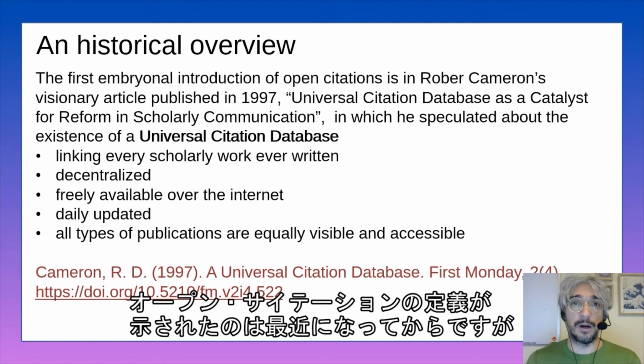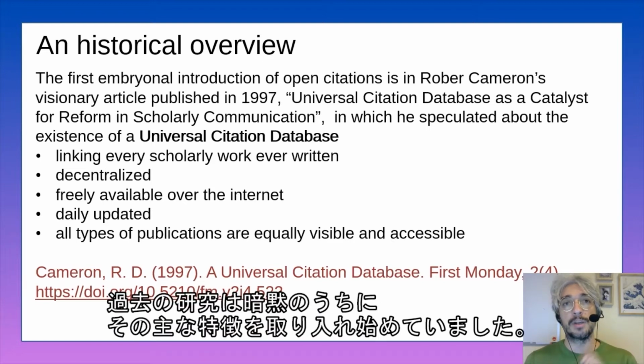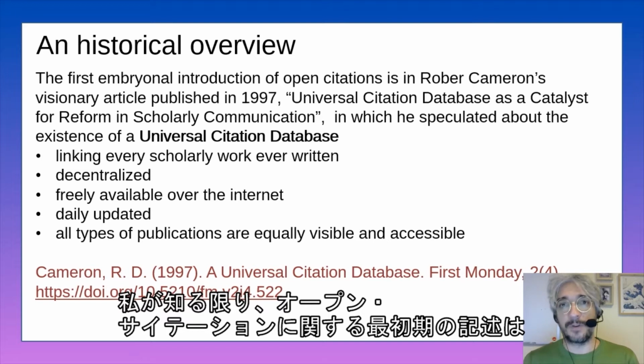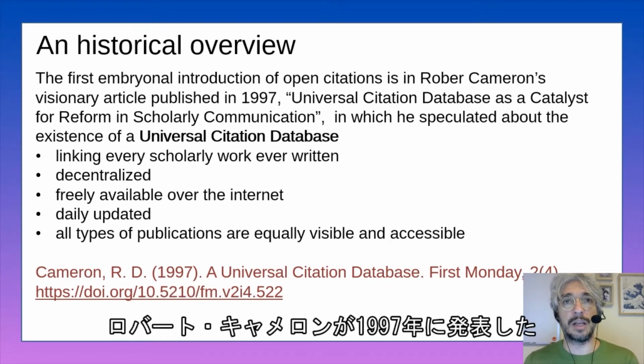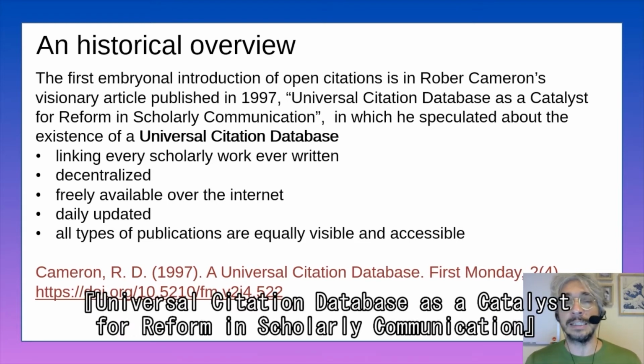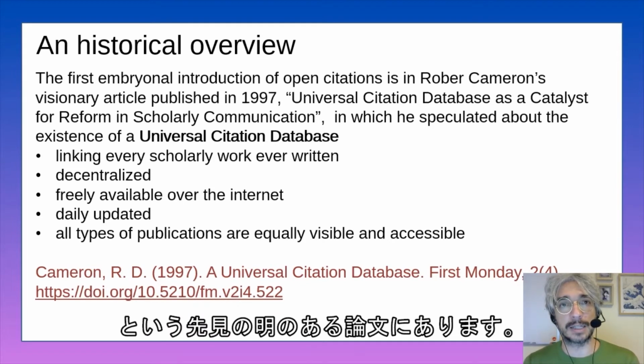Even if the definition of open citation was provided only recently, past works implicitly started to introduce their main characteristics. As far as I know, the first embryonic description of open citation is in Robert Cameron's visionary article published in 1997 and entitled Universal Citation Database as a Catalyst for Reform in Scholarly Communication.